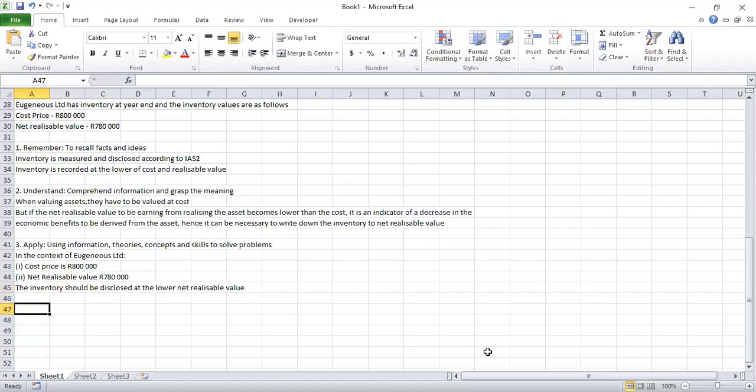Then number 4. Analyze. That is, make connections, recognize patterns, and deeper meanings.